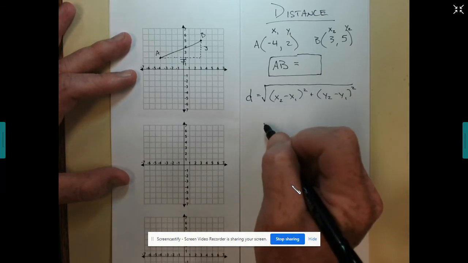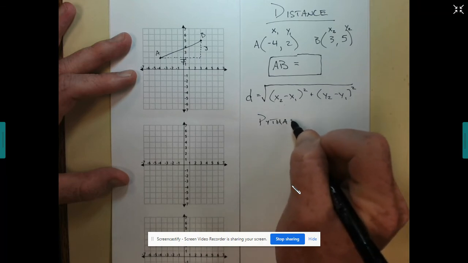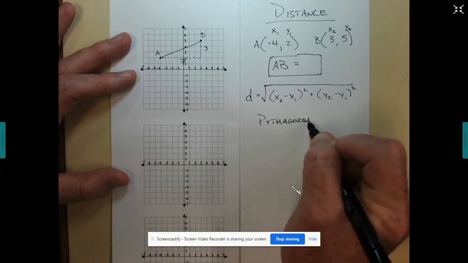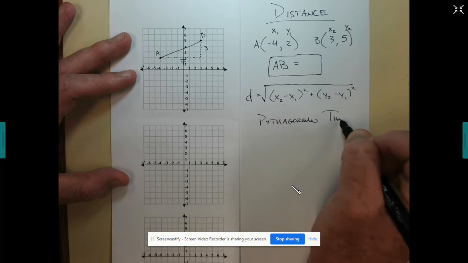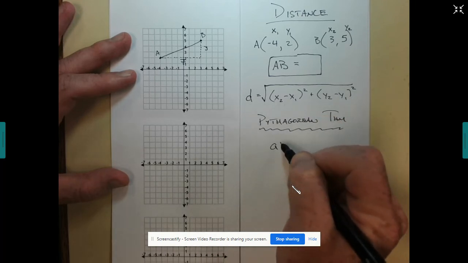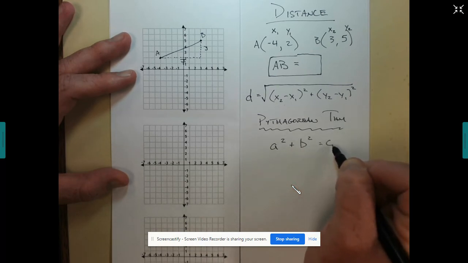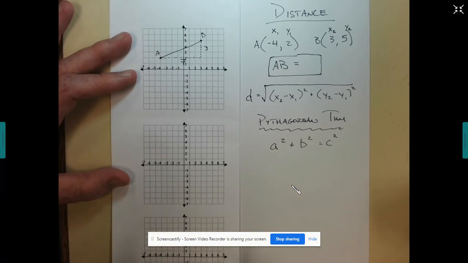A lot of you have been exposed to what's called the Pythagorean theorem. And that's the idea that a squared plus b squared must equal c squared. C's got to be the longest side.